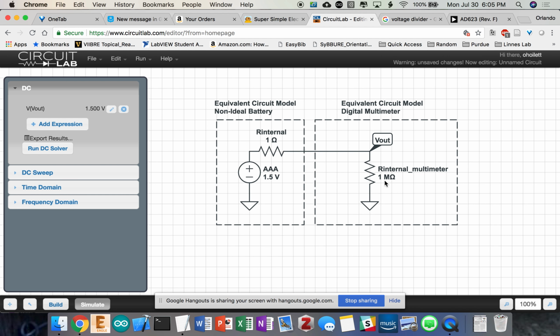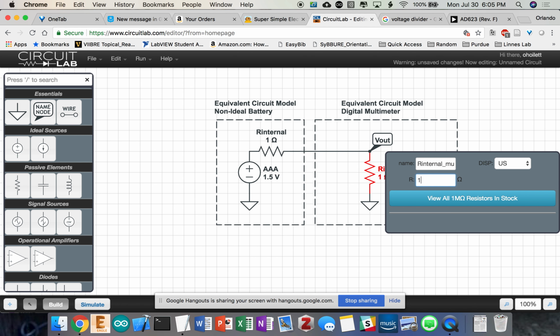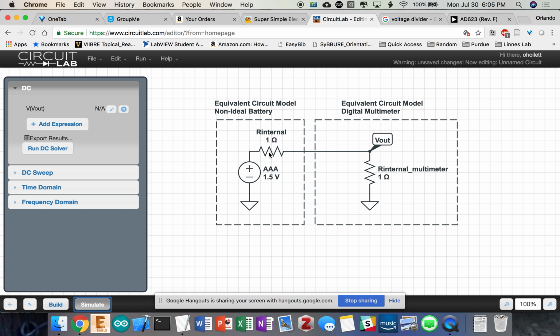I don't know if I'd use the word offset. Or I guess like make it so it's not a different reading when we measure it. Exactly. Yeah. So if this wasn't massive, if it was 1 ohm, now the current flowing through here is going to be equal to the current flowing through here. So you're going to get some voltage drop here. So you're not actually reading the 1.5 volts from the battery directly. Okay, that makes sense.